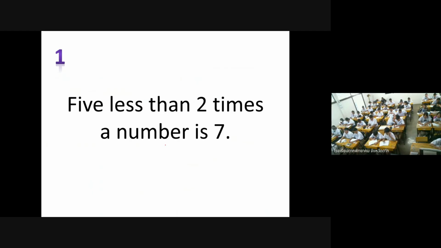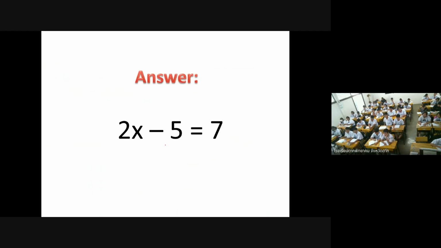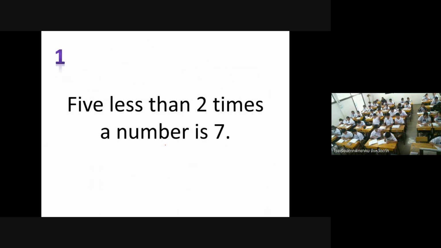5 less than 2 times the number is 7. Check your paper. 2x minus 5 equals 7.